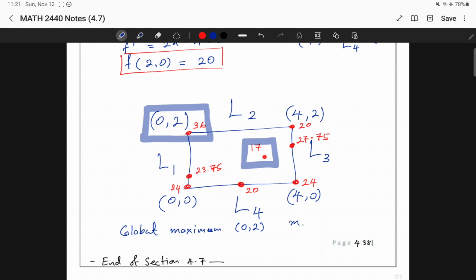The maximum value of the function is 36. The global minimum is at the critical point, so it's (3, 1), and the minimum of the function is 17.